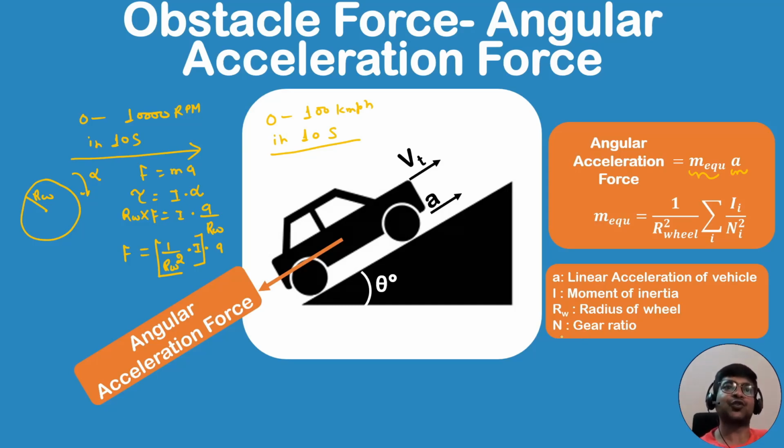So we need to calculate the gear ratio for the respective component, put it in this formula, and we will get the equivalent mass. And if we multiply this equivalent mass with the linear acceleration, we will get the net angular acceleration force, and the direction of that force will be towards the back side of the vehicle. So this is all about the angular acceleration force.